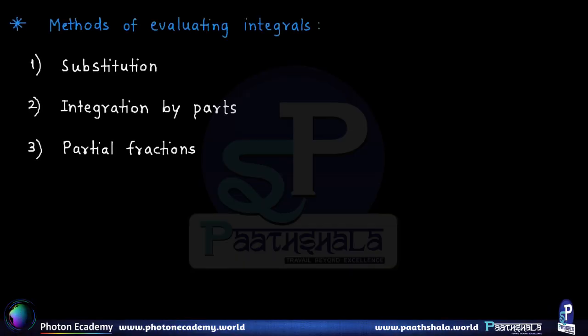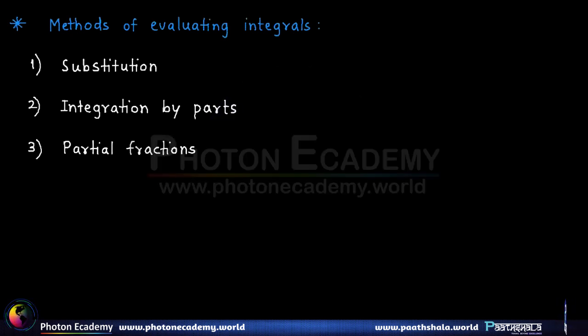Now we go into the details of different methods of evaluating the integrals. Mainly there are three methods on a high level to evaluate the integrals. First is the substitution method, which is a very powerful method, and based on this method we will develop a lot of standard results.